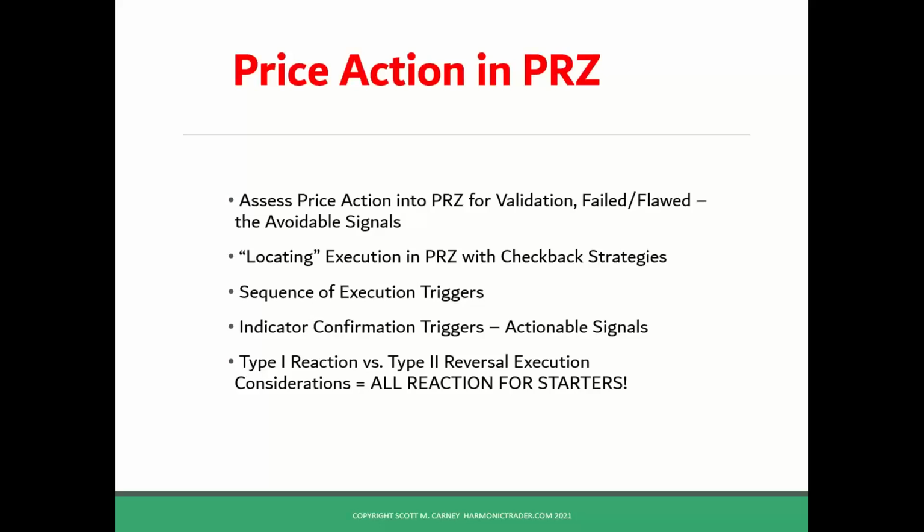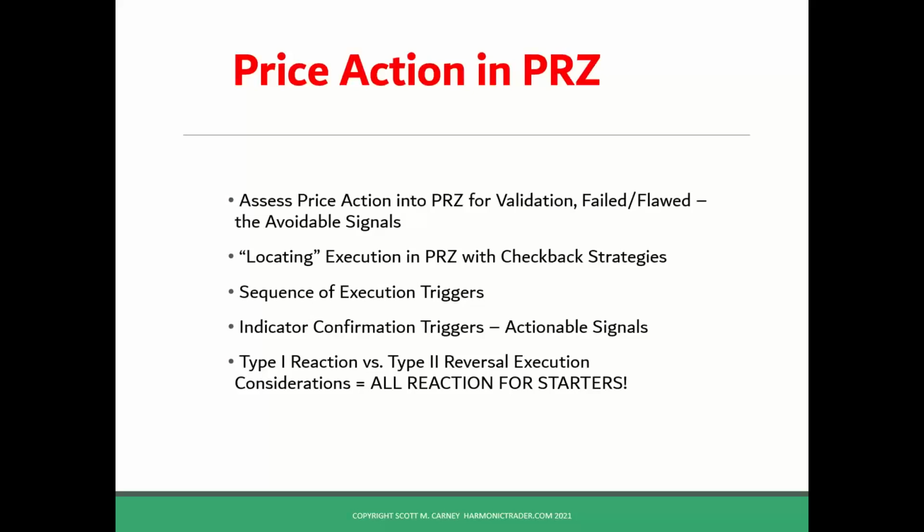So today is about looking at those signals, really focusing on avoiding flawed or failed patterns, and then looking at the obvious signals that help us, as I like to say, locate trades in the zone. We have the larger zone. Now we want to get it down from that wide zone into an exact price level or a very narrow spot.